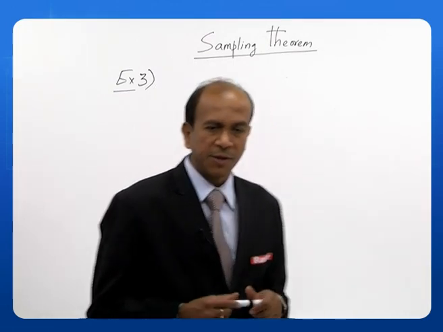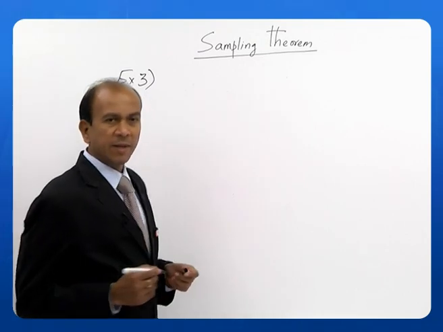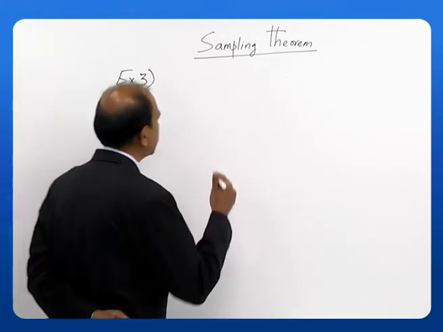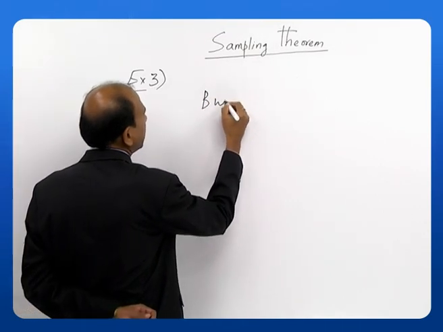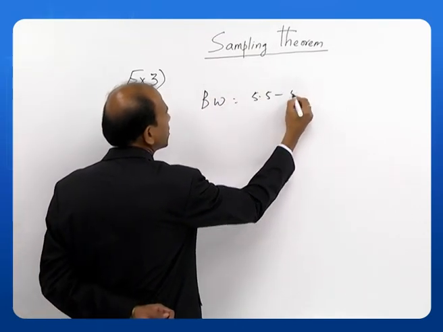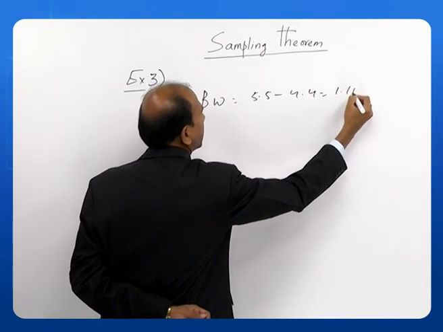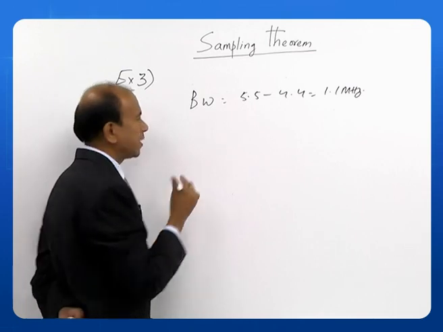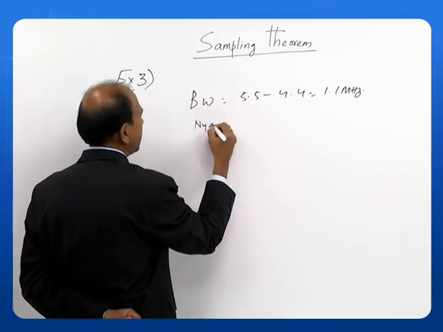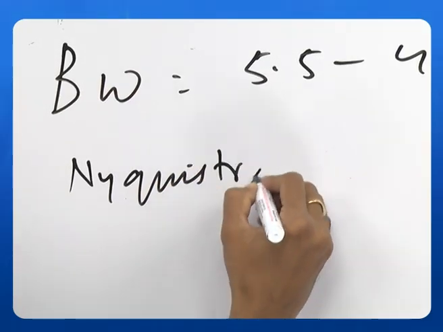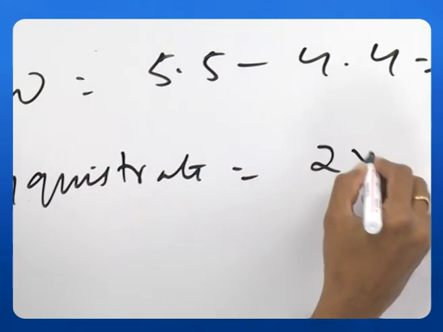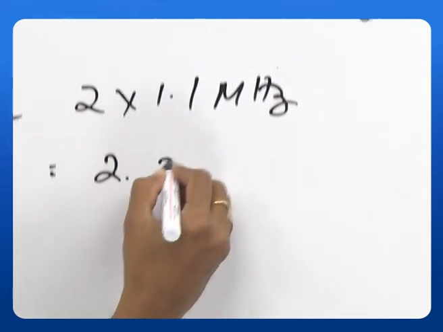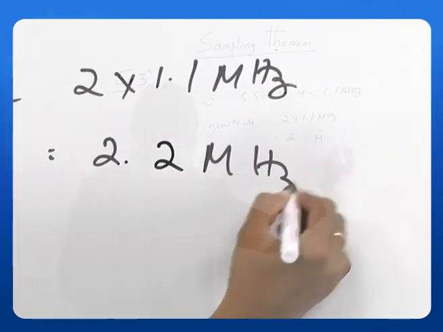Let us calculate this. We have been given a range from 4.4 megahertz to 5.5 megahertz. So, what is the bandwidth? 5.5 minus 4.4, that is 1.1 megahertz. So, the Nyquist rate will be 2 into 1.1 megahertz, which is equal to 2.2 megahertz.